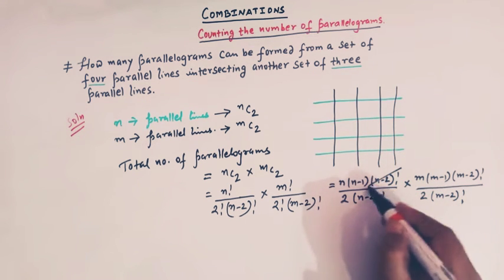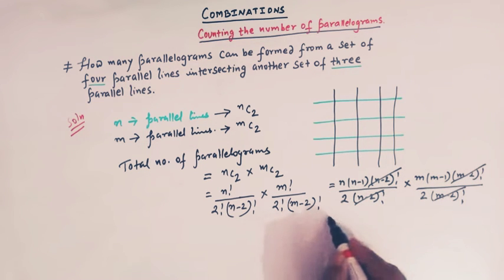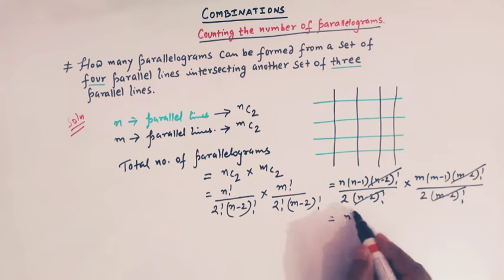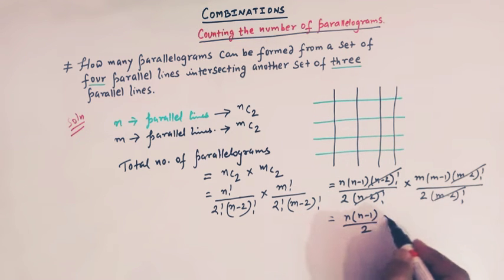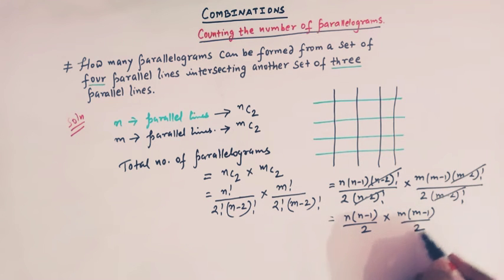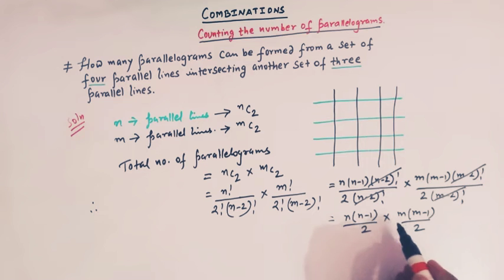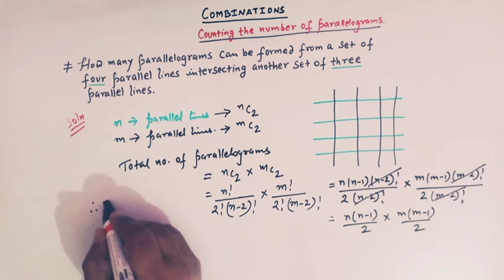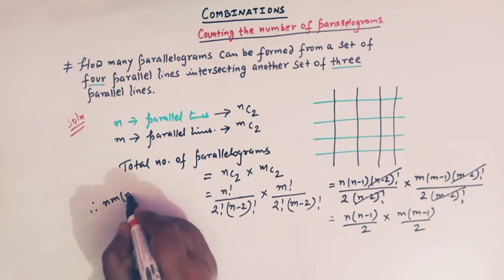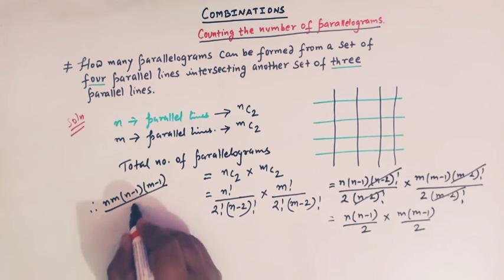And these 2 get cancelled, these 2 get cancelled, and we are left with n minus 1 over 2 times m minus 1 over 2, right? So the final result is nm times n minus 1 times m minus 1 over 4.